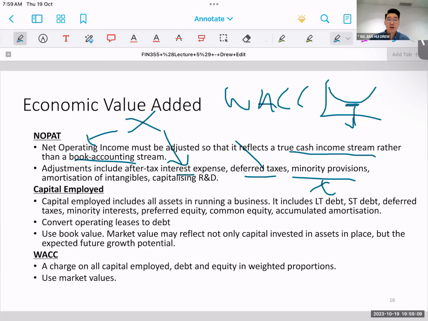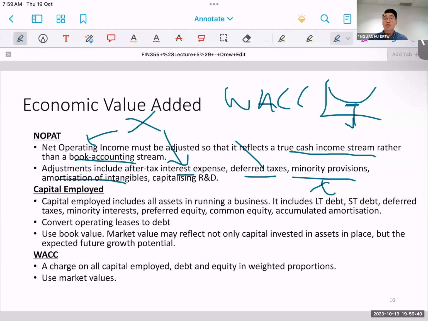Minority interests are your associated companies, associates meaning less than 50%, or it can even be your joint ventures, JVs. Those companies have minority provisions in the financial statement, but we're not interested in that, because when we are looking at EVA, we are looking at the equity or debt holders, and minority interest is not part of the equity holders. They are just an associate.